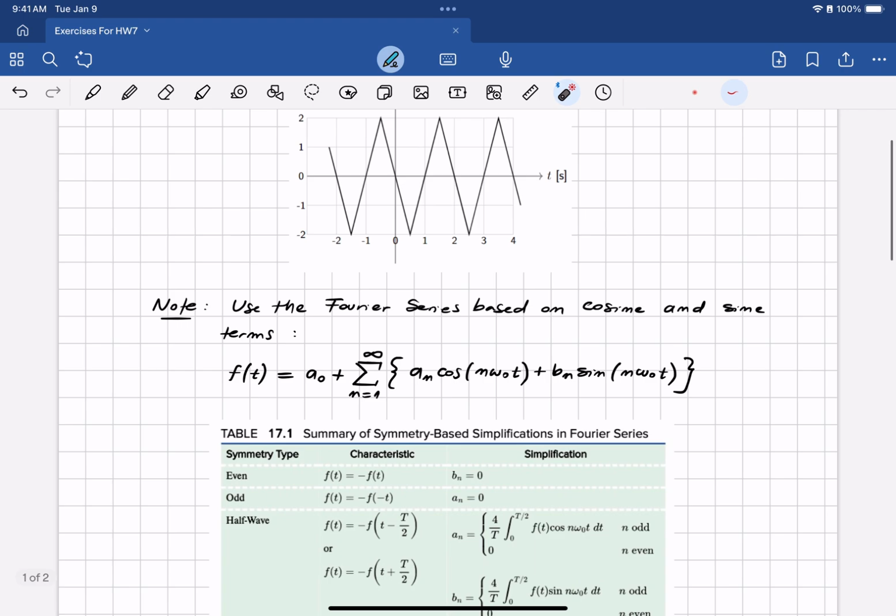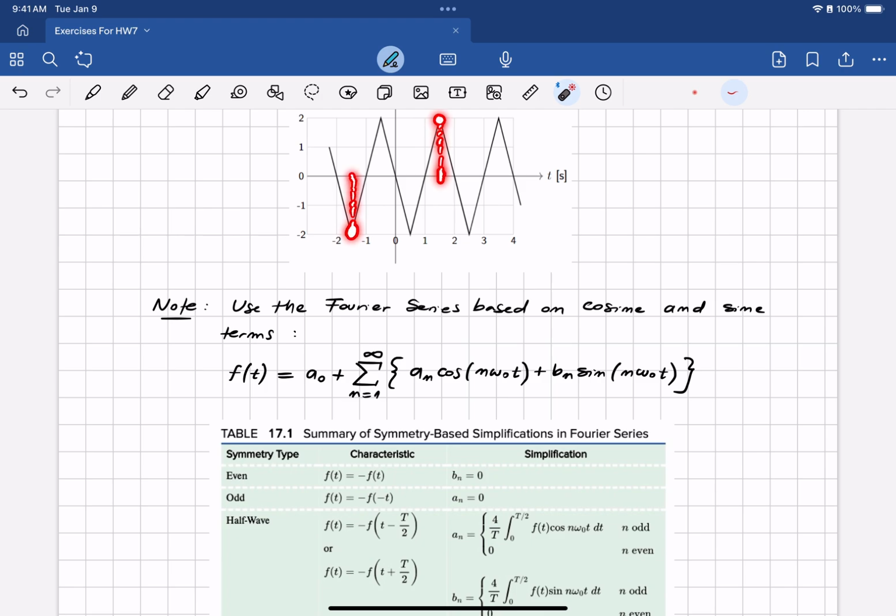So first of all, can we say that the function is even or odd? Well, easily we can see that the function is odd because it satisfies this condition, meaning that if we take some f of t, let's say this one, at 1.5, right? Now for negative time, so negative 1.5 seconds, it's going to be here.